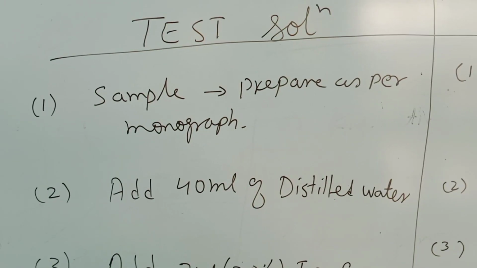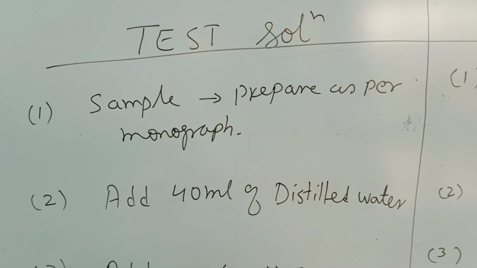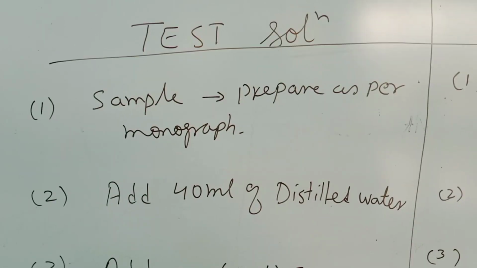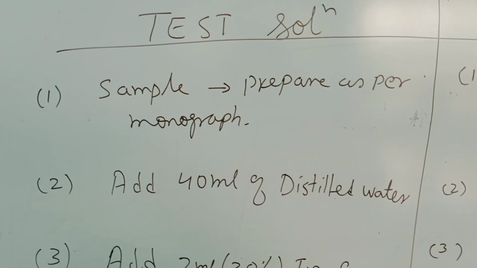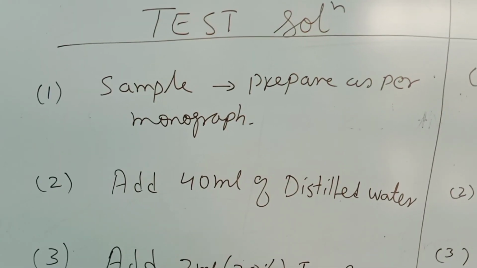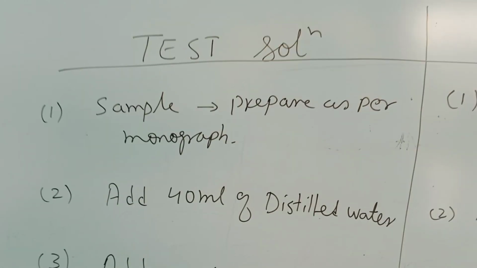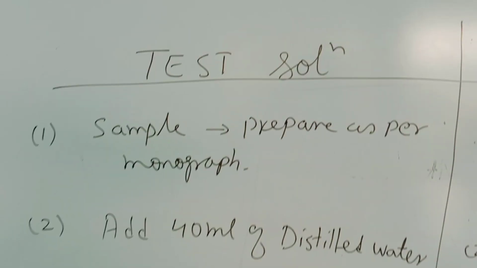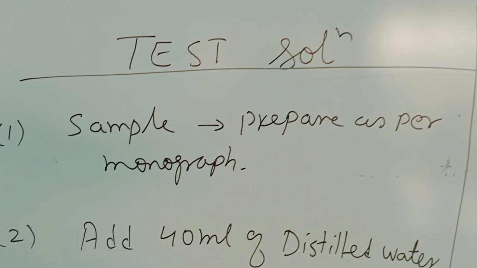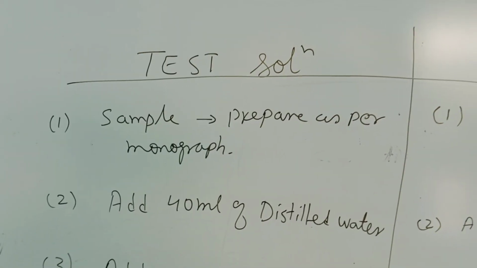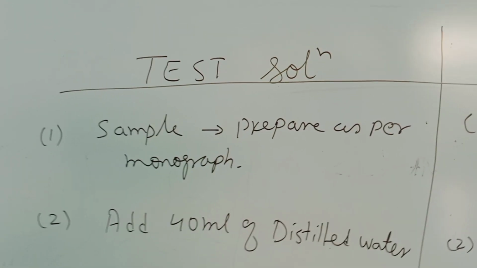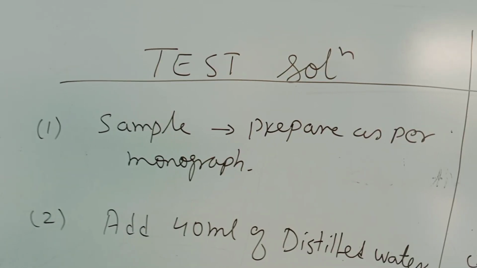Anyhow, if before the preparation of the sample, a sample needs any pre-treatment, that particular pre-treatment of the sample has to be done, and that pre-treated sample is then prepared accordingly in order to perform the limit test of iron.